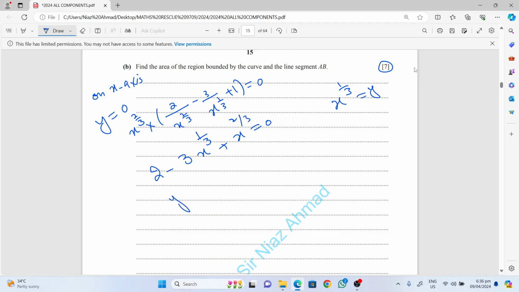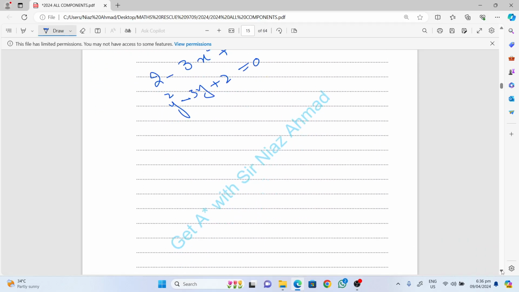This would be y square minus 3y plus 2. This is a disguised quadratic. If you factorize this, this will be y minus 1 into y minus 2 equals 0. So you are getting y equals 1 and y equals 2.